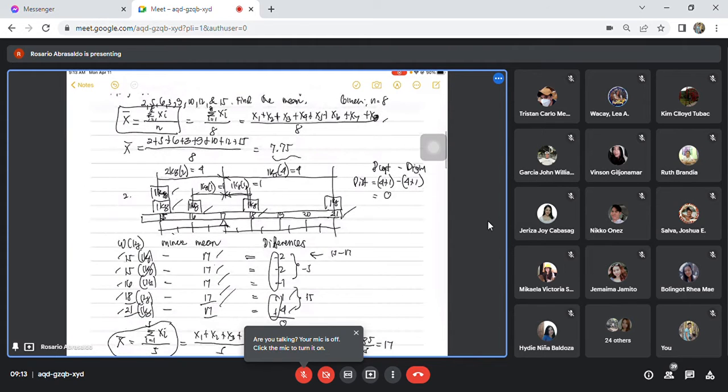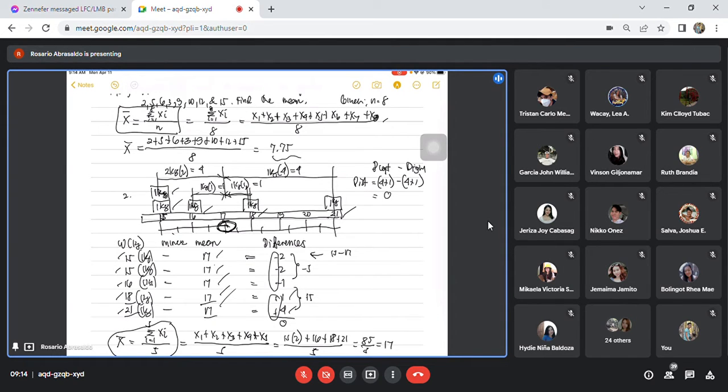Another example, try to know the mean as a balance point. Where do we locate the mean average in the example? I'll just draw here the example. This is a mean balance.